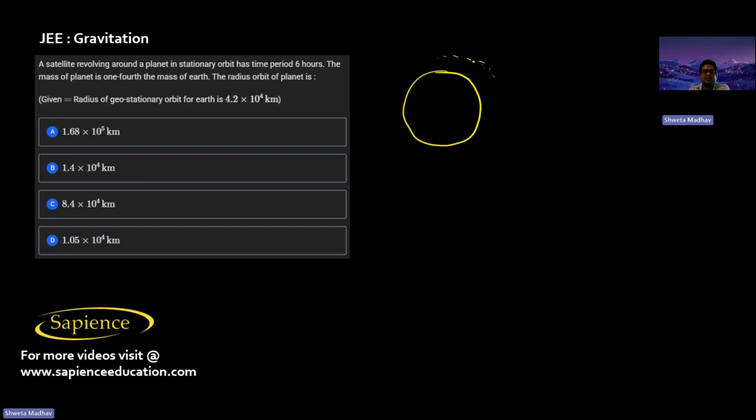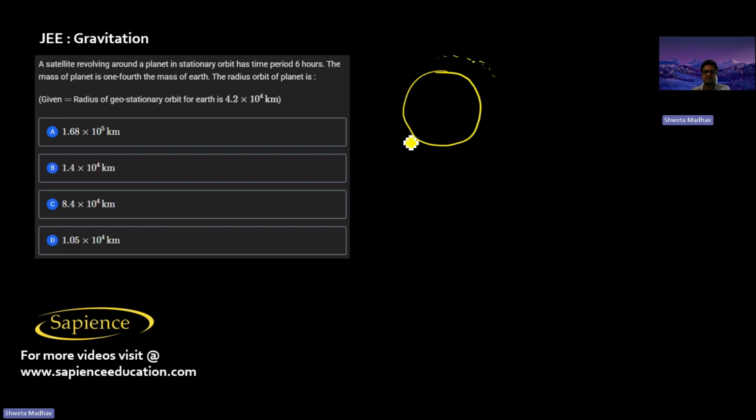The radius of the orbit around the planet is to be found. The radius of the geostationary orbit for Earth is 4.2 into 10 power 4 kilometer.